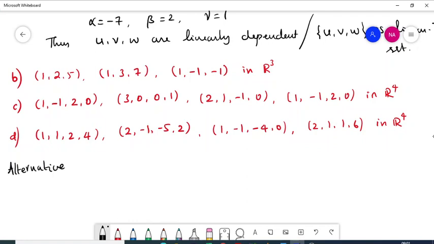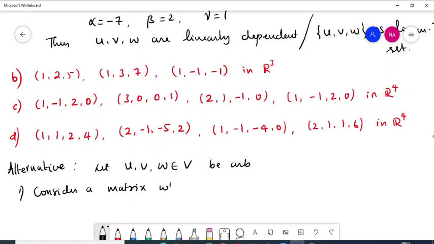Consider the matrix A. See, if you are given U, V, W belonging to V arbitrary, and we need to check whether these vectors are linearly dependent or independent, then consider a matrix whose rows are U, V, W.